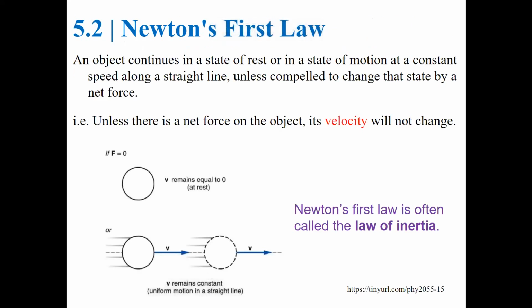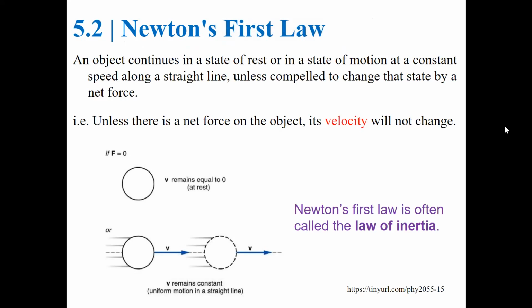The next section here talks about Newton's first law of motion. The first law of motion says that an object will continue in a state of rest or in a state of motion at a constant speed along a straight line unless compelled to change that state by a net force.